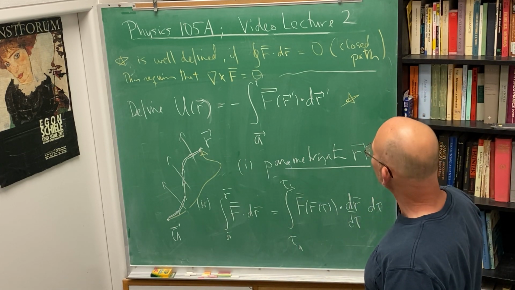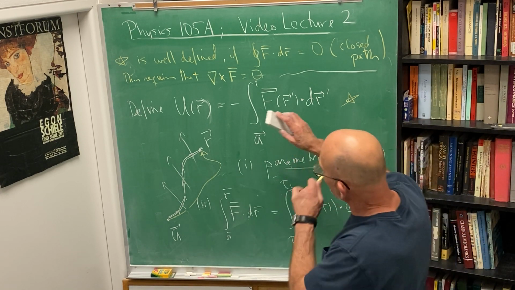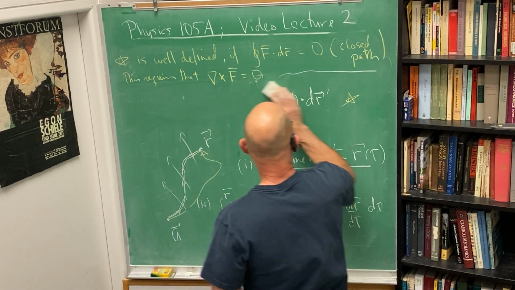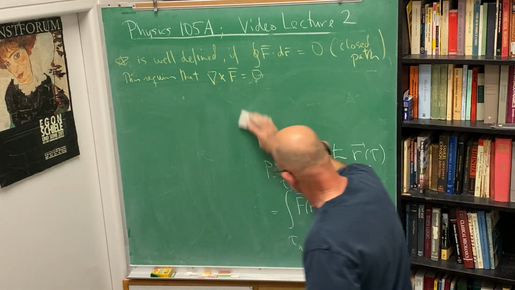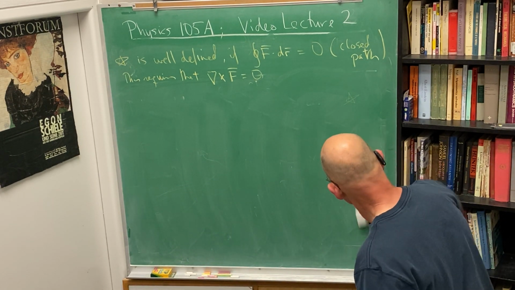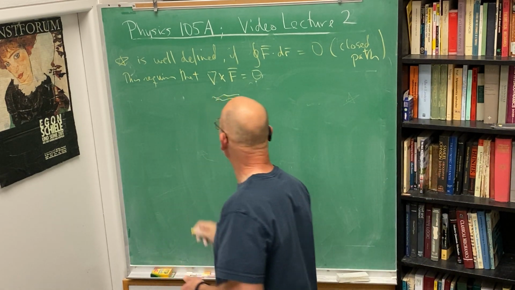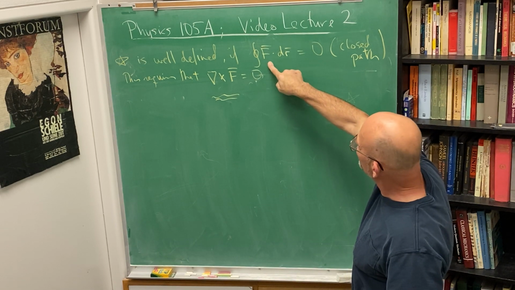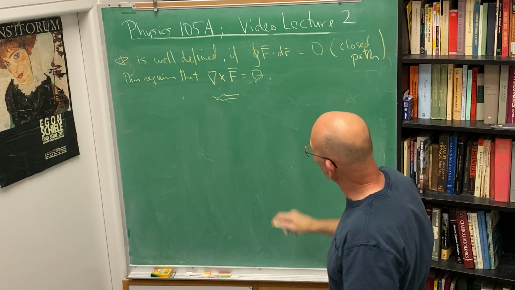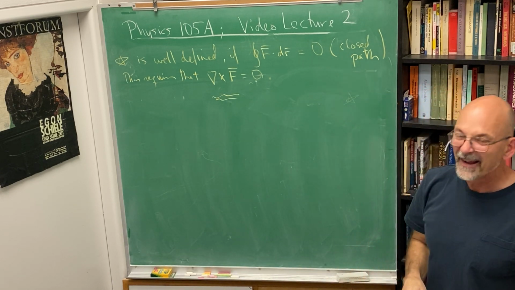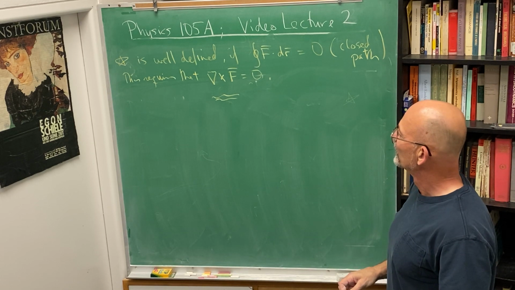So I'm going to leave it here for next time. I'm going to erase this and put a couple more things up here, and then we'll call it good. The curl of F, this type of integration right here, we've landed in vector analysis, vector calculus.